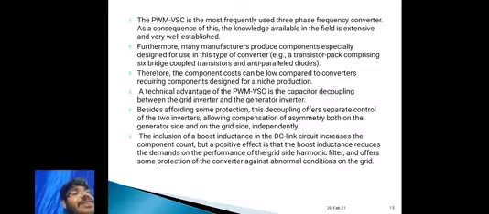This decoupling separates control of the two inverters, allowing compensation of asymmetry on the generator side and on the grid side independently. The inclusion of a boost inductance in the DC link circuit increases the component count, but has a positive effect: the boost inductance reduces the demand on the grid side harmonic filter and offers some protection of the converter against abnormal conditions of the grid.